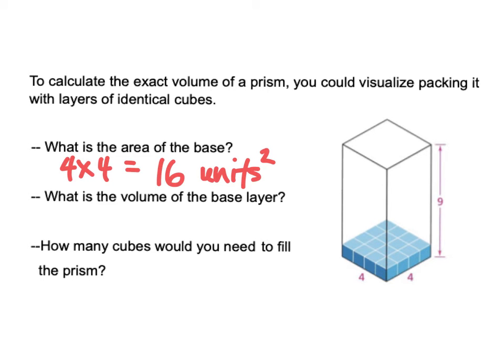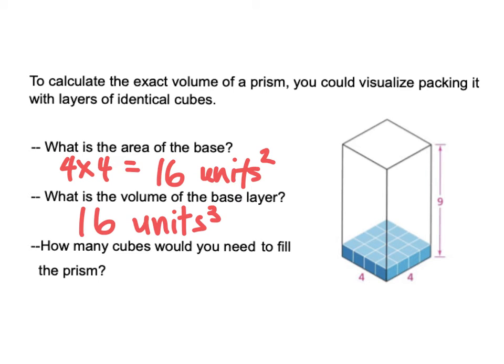So how many cubes fill up one layer of the base? And you can see that again, it's 16, but this time my label is going to be units cubed. So I can fit 16 cubes on the bottom layer.